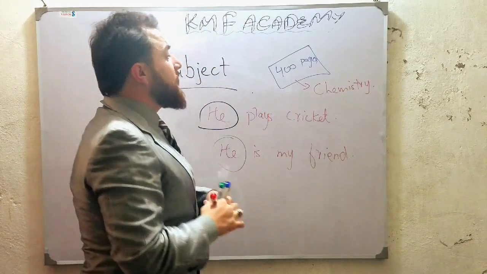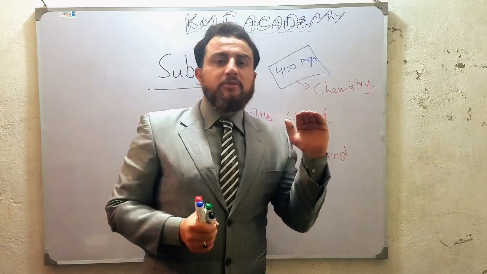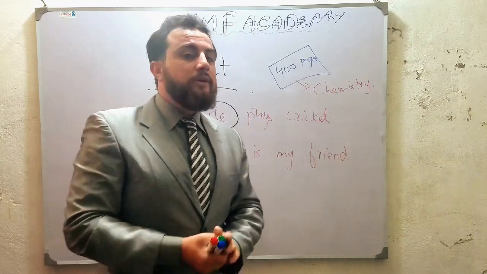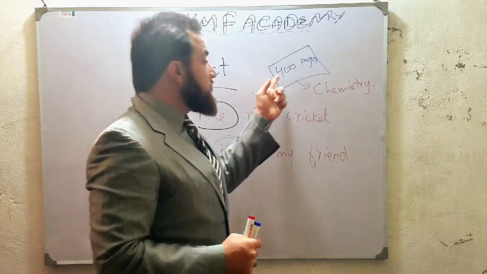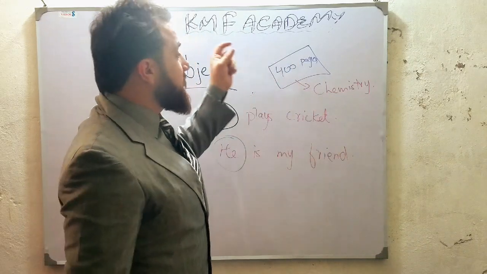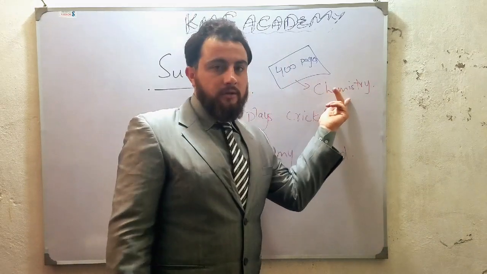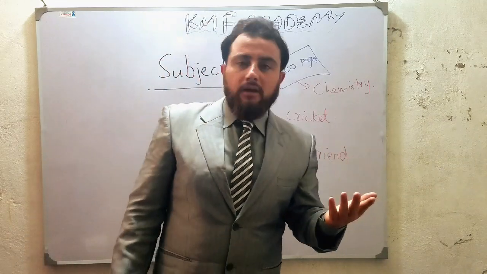What would we study in the entire 400 pages? We are going to study chemistry. We are not going to study political science over here, right? For political science, we will definitely select the book of political science. So when we are going to study chemistry in the entire 400 pages, definitely the subject for these 400 pages would be chemistry. Same is the case with biology, physics, and everything else.